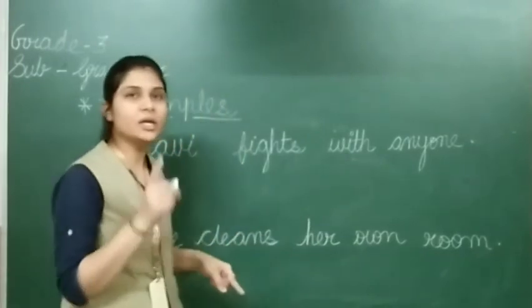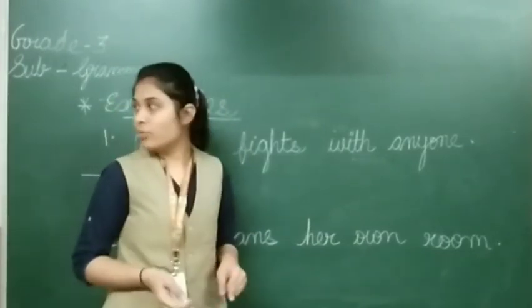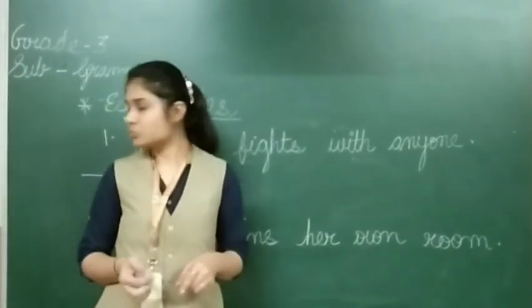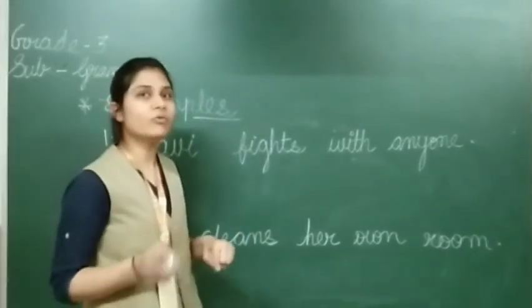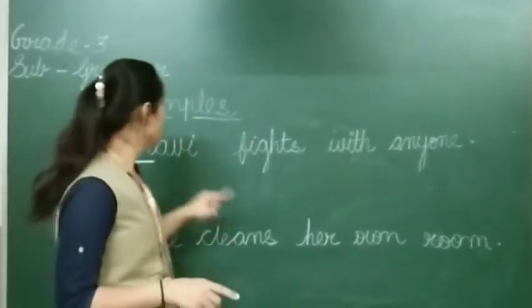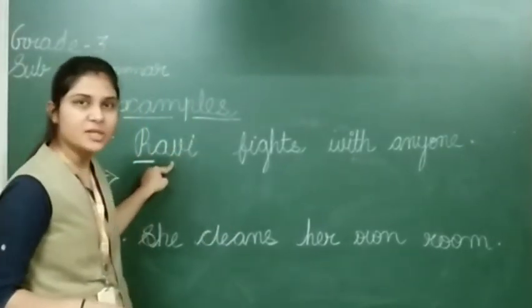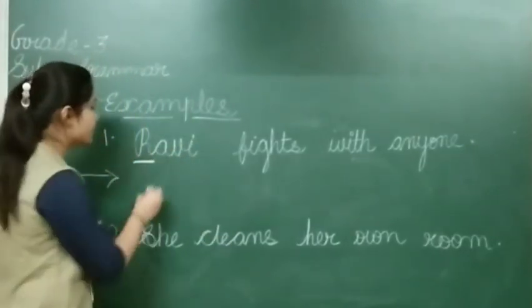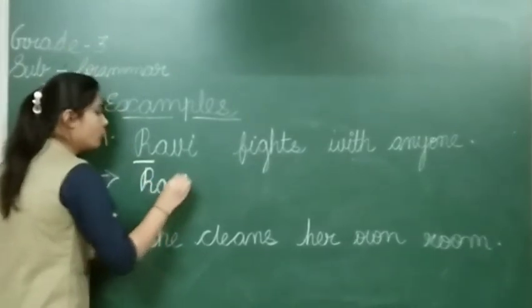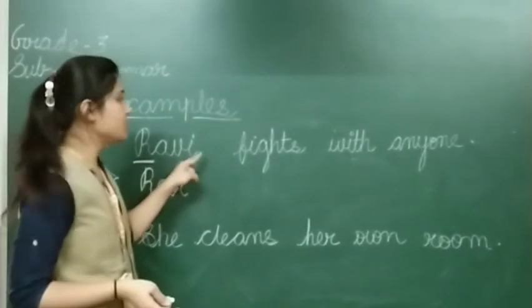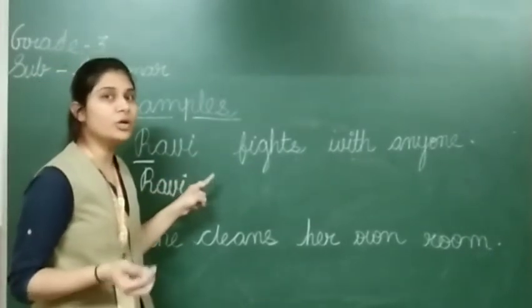Now we have to make it negative. What is the rule for making it negative? For negative, first of all this is singular now, so we have to write it the same, means Ravi. Now what do we have to add in it? This is singular. For singular what were we doing?